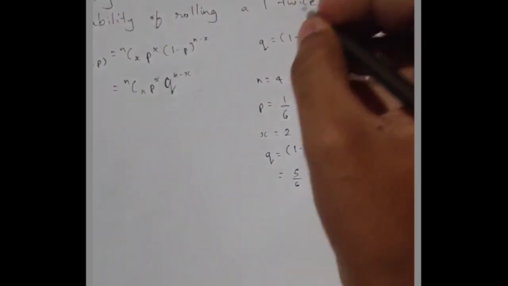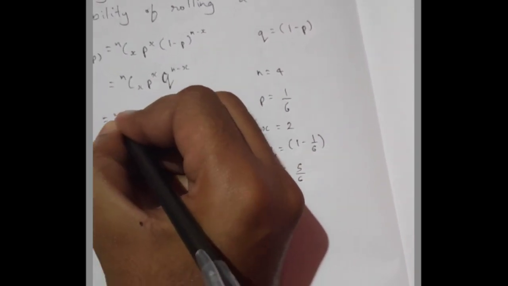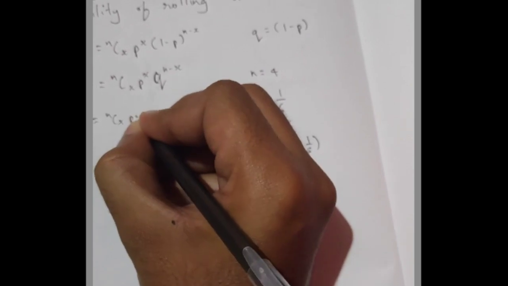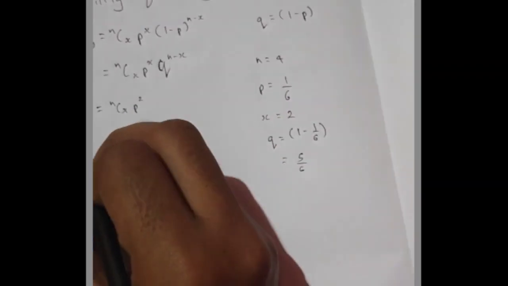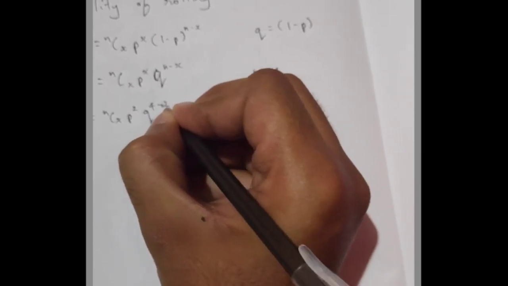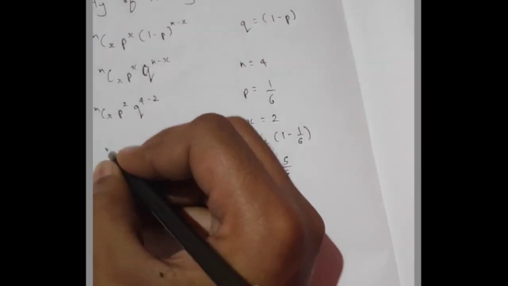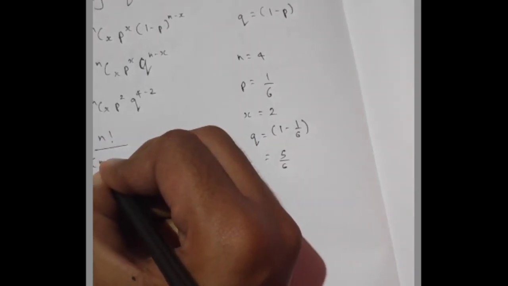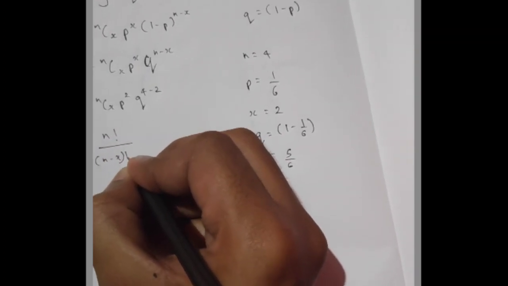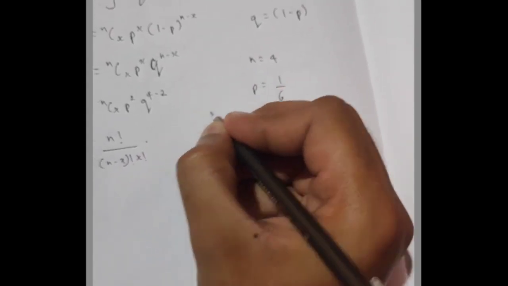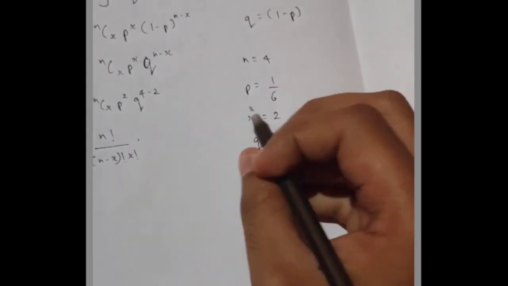So let's change the equation here. nCx p raised to 2 and q raised to 4 minus 2. Here we get n factorial by (n minus x) factorial x factorial, and let's substitute p and q.